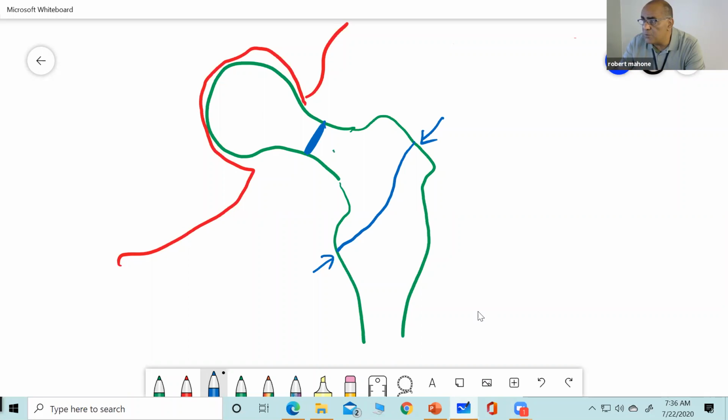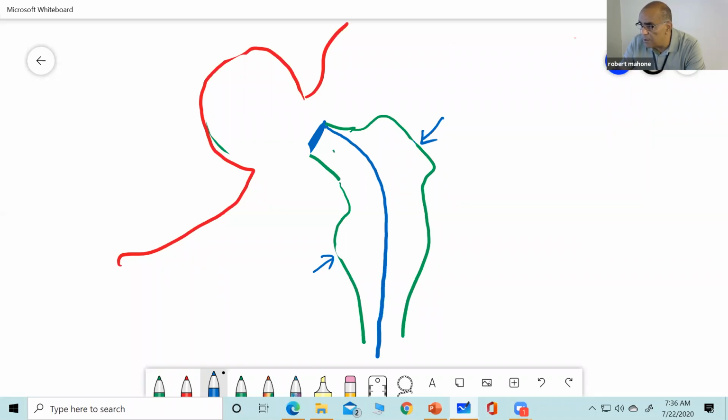And what we're going to do for that is take the ball off completely. And then we're going to drill down into the femur bone and make a long shaft down in there. And yeah, this does go down pretty far.